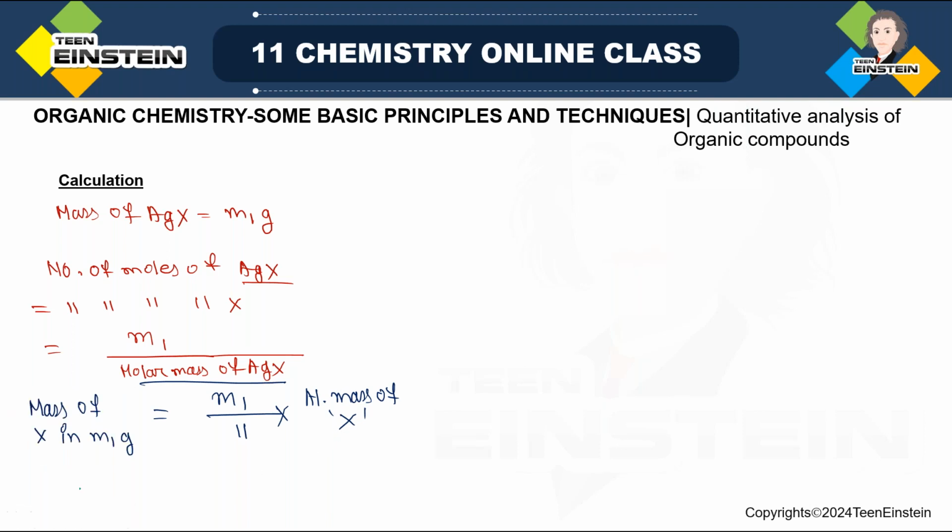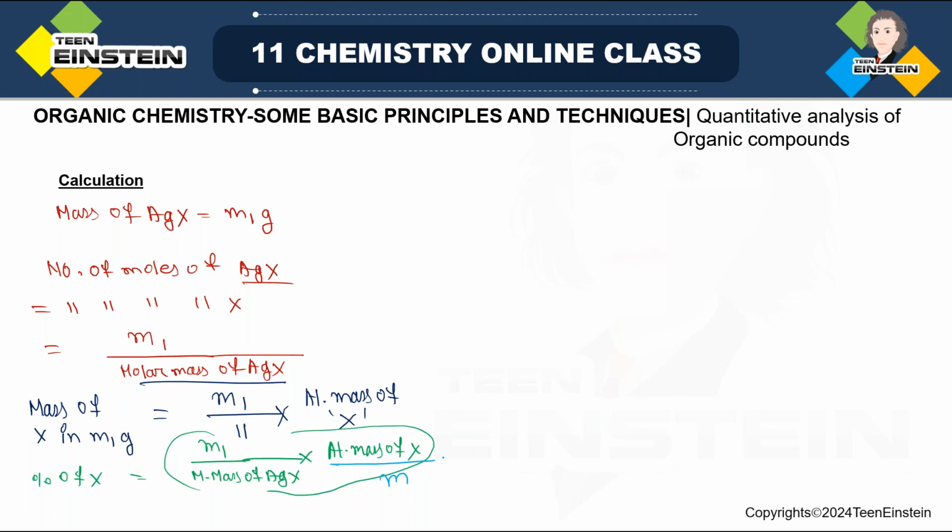And finally, the percentage of X will be M1 divided by the molar mass of AgX, multiplied by the atomic mass of X. Because in the final step you are calculating the percentage of X present in m gram of organic compound, so this is the total mass of X. This whole quantity you have to divide by m and multiply by 100. So this is the final general formula, you can say.